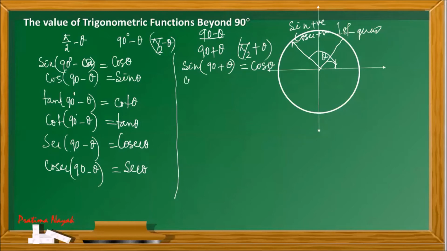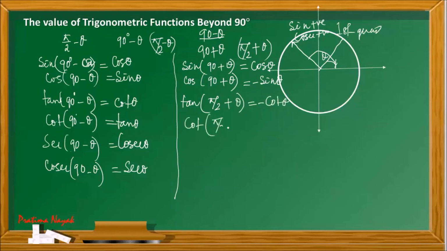But cos 90 plus theta will be negative sine theta, because in the second quadrant cos is negative. Similarly, tan pi by 2 plus theta will be minus cot theta, because tan is negative. Cot pi by 2 plus theta will be minus tan theta.